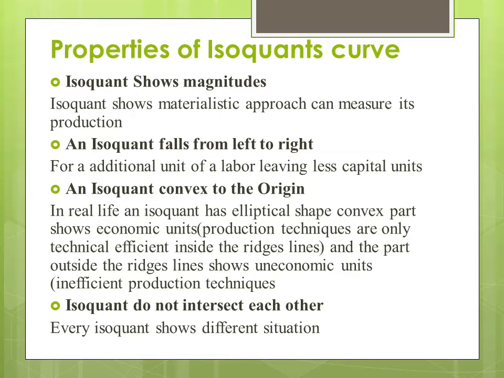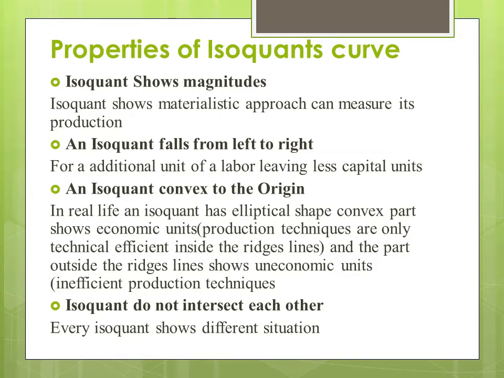An isoquant falls from left to right: for the use of an additional unit of labor, we leave fewer units of capital. As I said in a previous slide, for the use of an additional unit of labor, we leave fewer units of capital. Next, an isoquant is convex to the origin.